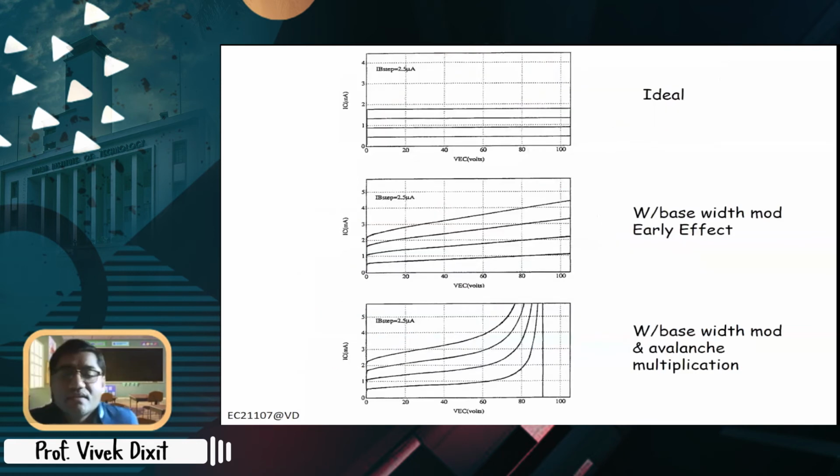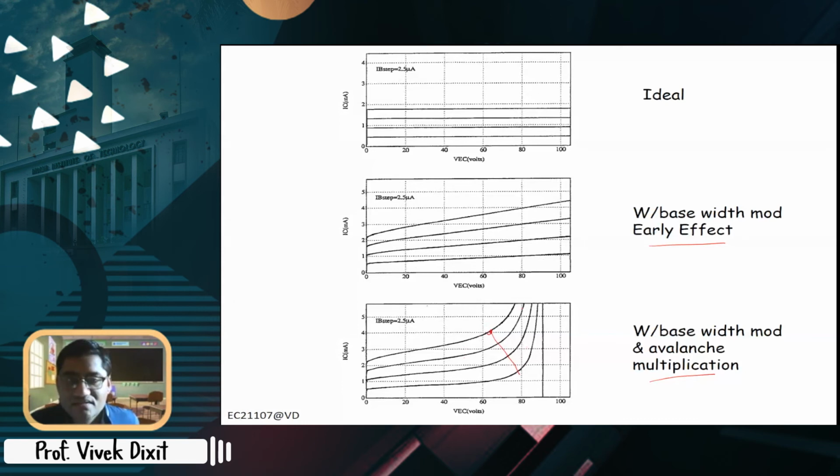Here you can compare the 3 diagrams. For ideal IC-VC, with early effect, base width modulation, you get this linear increase, and with avalanche multiplication, it multiplies quite fast. Now if you see here, the change in the slope appears earlier for high IC, because that means your alpha is higher here, right?